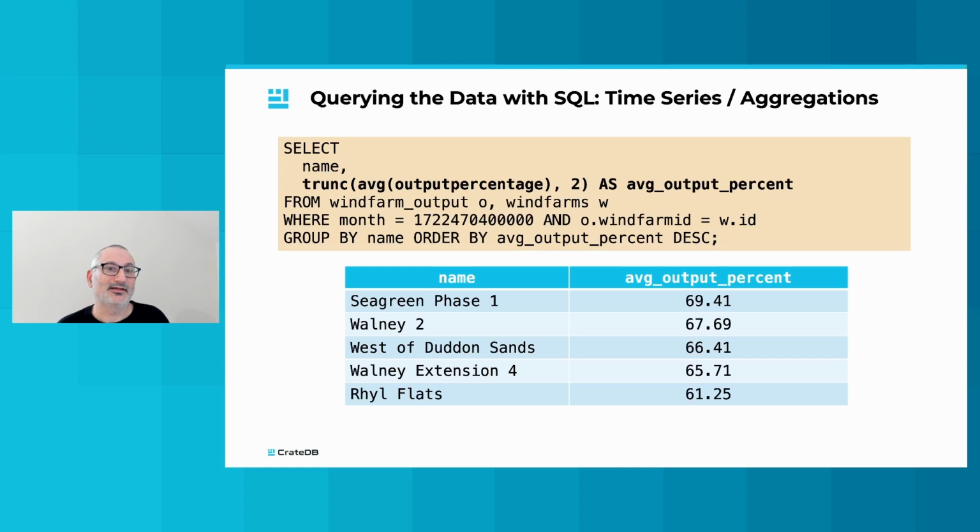And we're joining that information with the nice name from the wind farms table. So rather than getting the little code names that you see in the time series data, we're getting the proper names, so Seagreen Phase 1, etc. And again, we're just ordering those. And what we see is the highest average output percentage in this time period was Seagreen Phase 1.